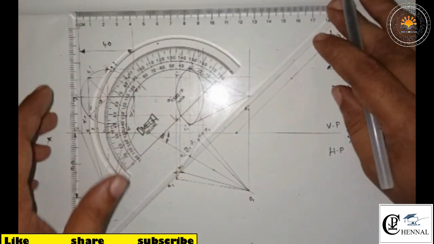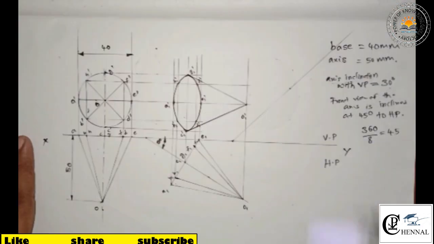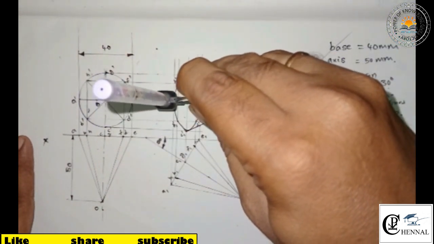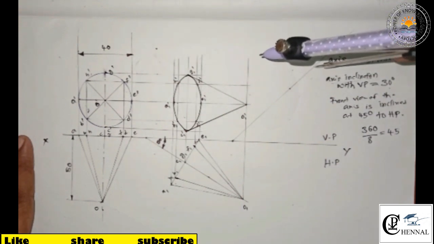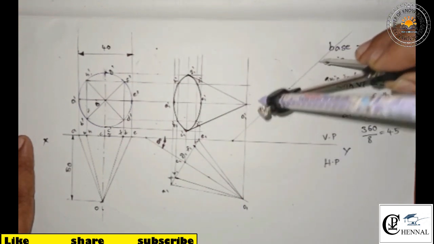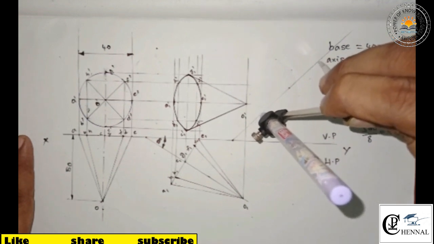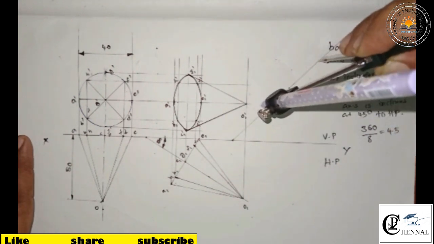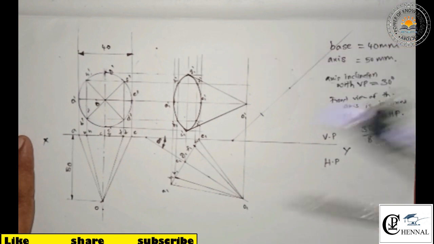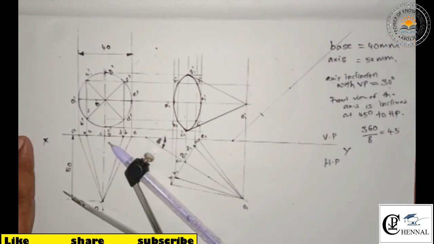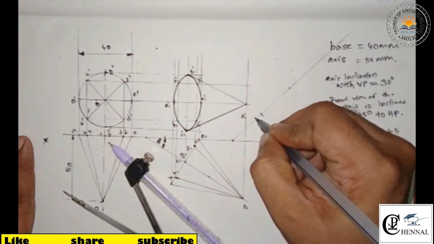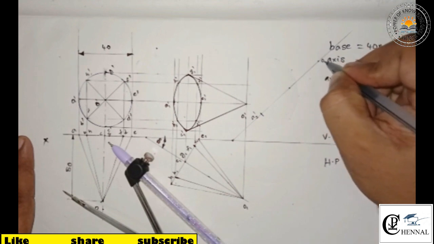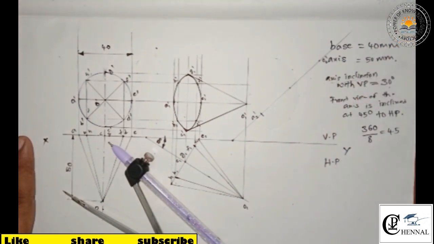Okay, take the distance from O1 dash to A1 dash and mark the point. So this is A1 dash and this one is O dash. A2 dash, and the point here is O2 dash.